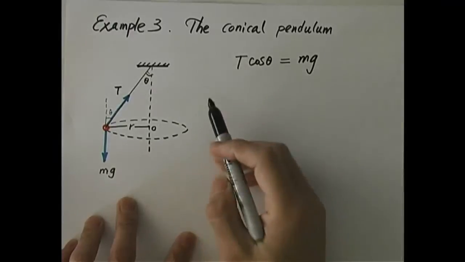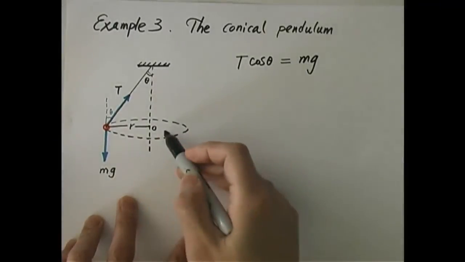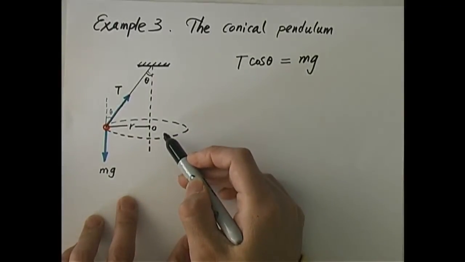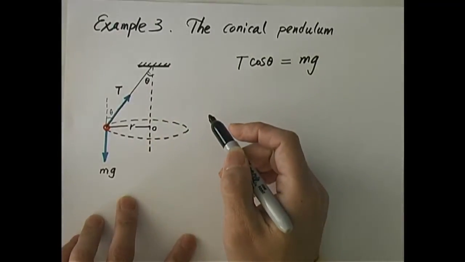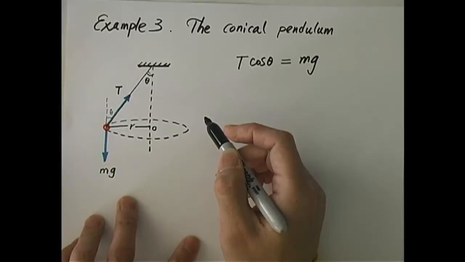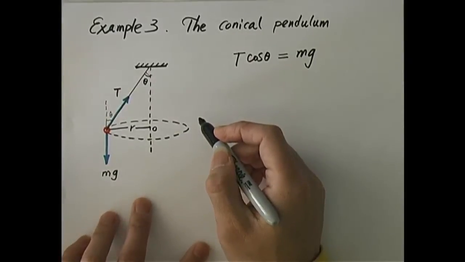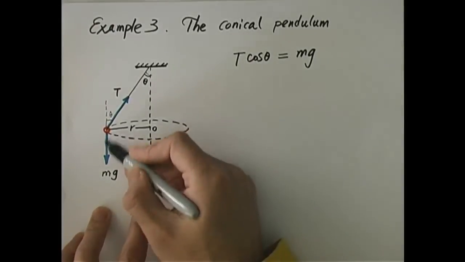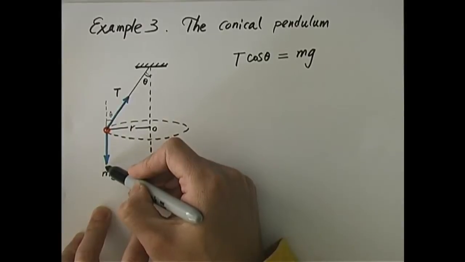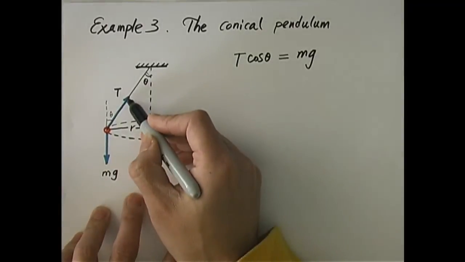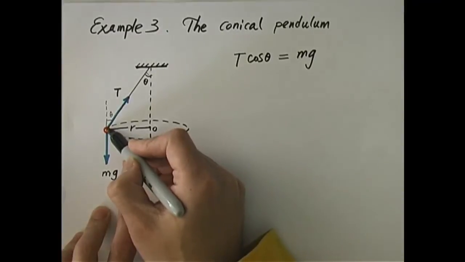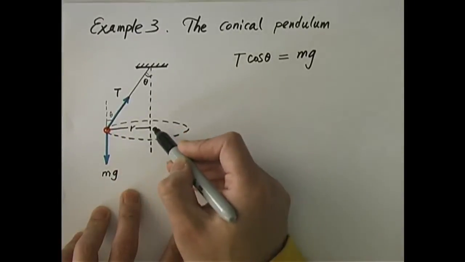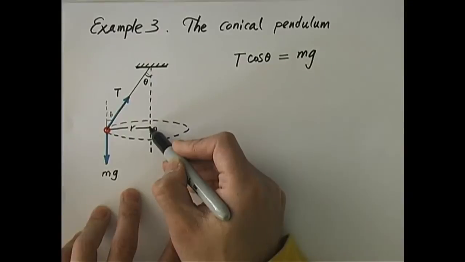That's how we balance out, so that the object has no acceleration vertically. Okay, that's one thing. Another thing is that in the horizontal direction, the net force is not equal to zero because it actually does a circular motion in a horizontal direction, which requires a centripetal force. So let's look at the horizontal direction. In the horizontal direction, mg has no contribution, because it's totally vertical. But the tension does have a horizontal component, and you can see that component happens to be pointing toward the center of that circle, right?